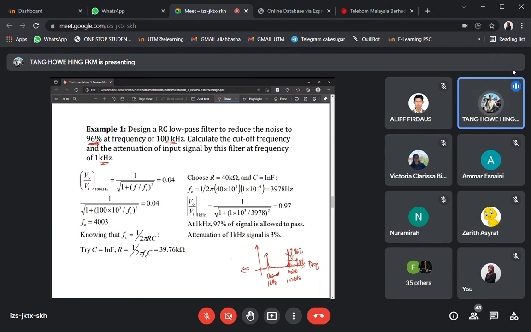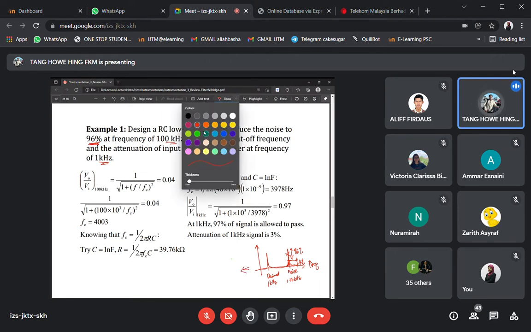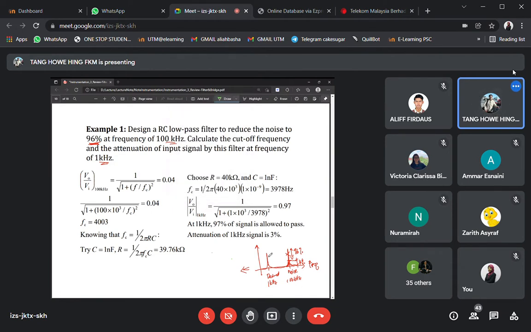So we need to design a low pass filter, and a low pass filter is something looking like this. It has this kind of response, I mean the window. It will be flat, and then at the cutoff frequency, it will start to go down quickly and eventually goes to 0.